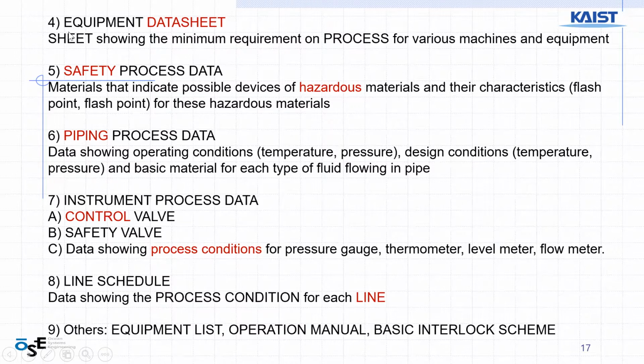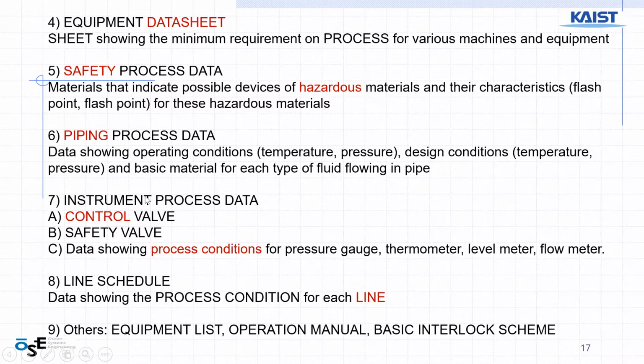So output can be equipment data sheet. That is selection of equipment, how many, which kind of equipment. And then also we need to have safety and also pipe process data. Piping is the most important portion of the construction because there are many pipings between equipment. Instrument usually comes with electrical control and safety and some sensors, data collection.